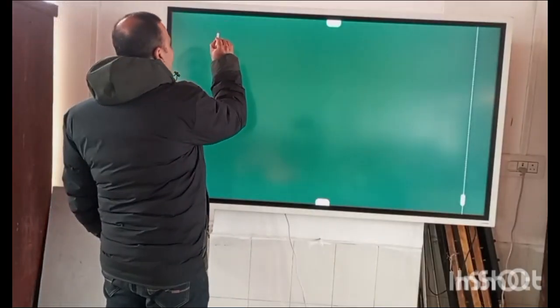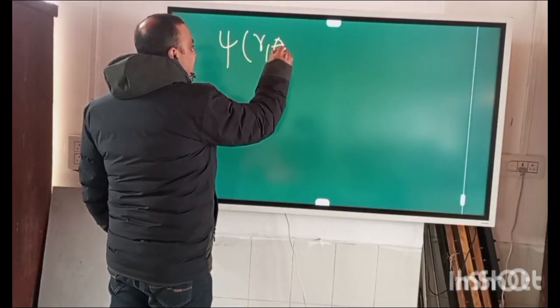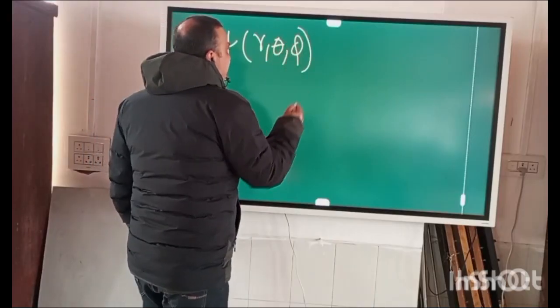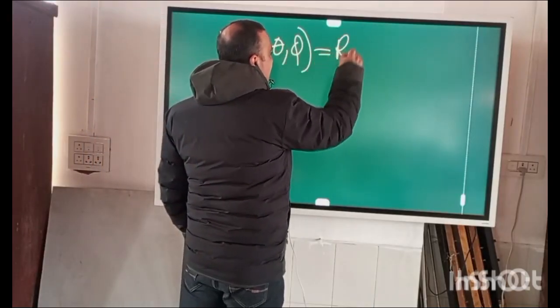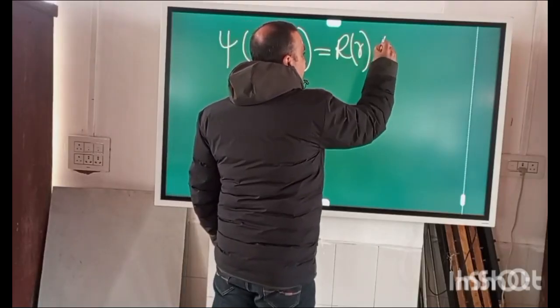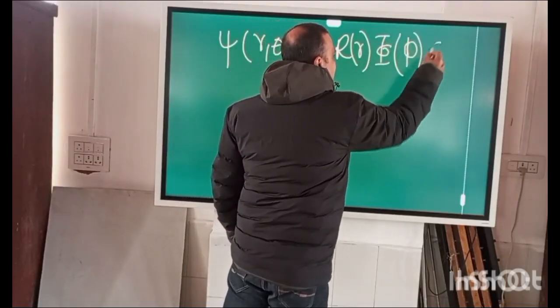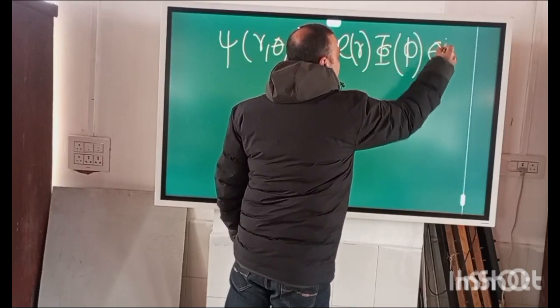Now, if I quickly revise that, we started with psi as a function of r, theta and phi, and this we chose as R of r, then Phi of phi, and Theta of theta.